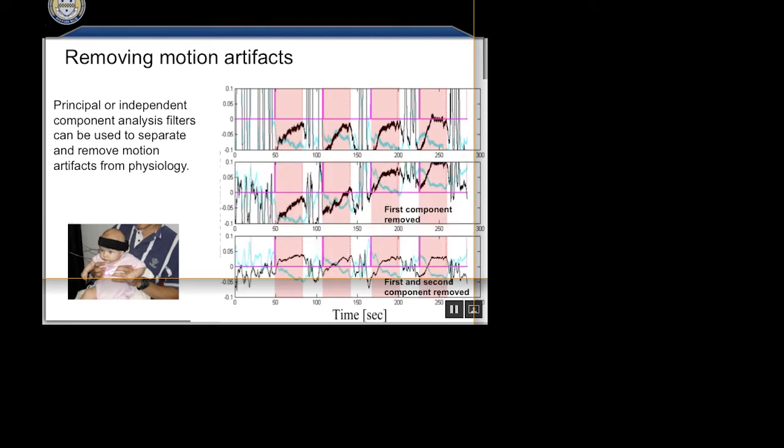If you remove the first component, you knock it down. You remove the first and second spatial components, you knock down this noise, but this part remained mostly unchanged. If you started filtering more, this would start to disappear. So again, where do you stop on things?